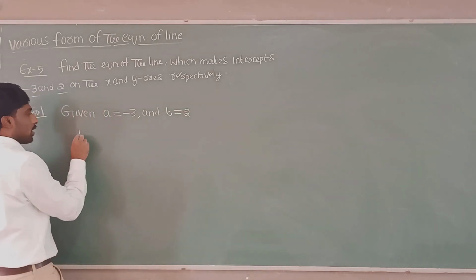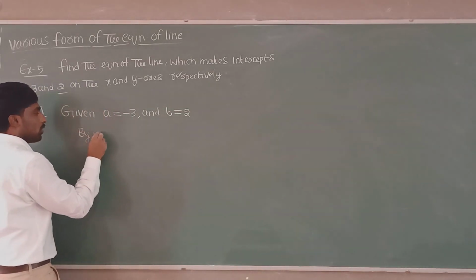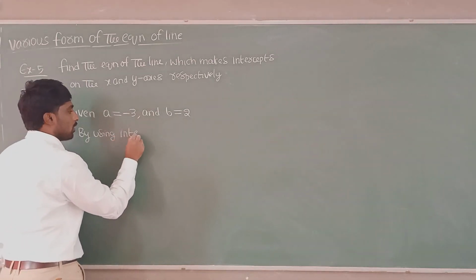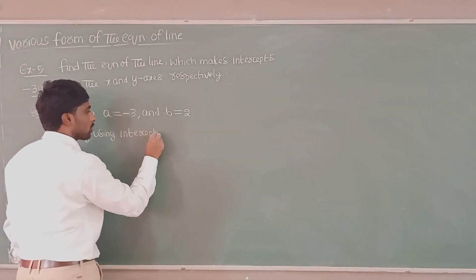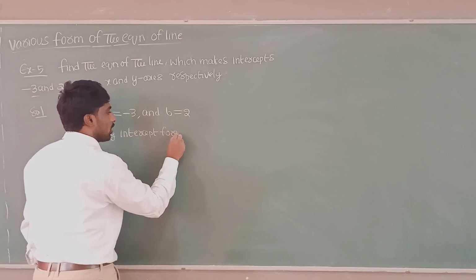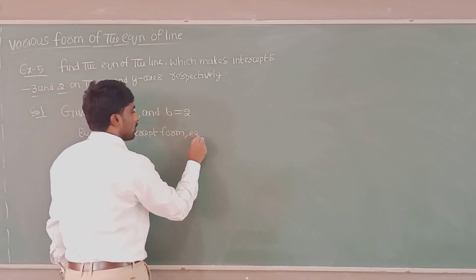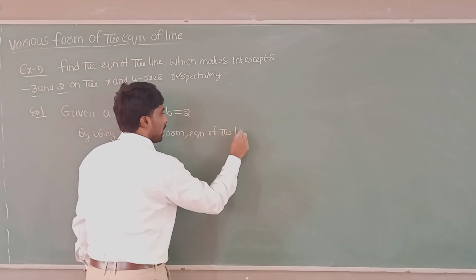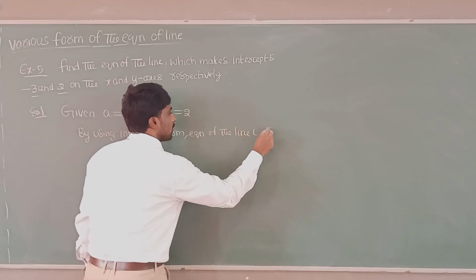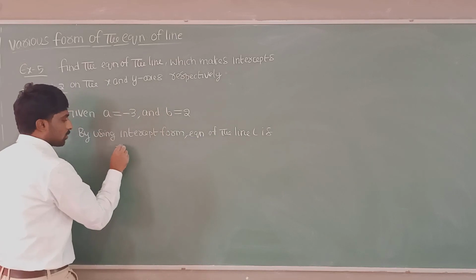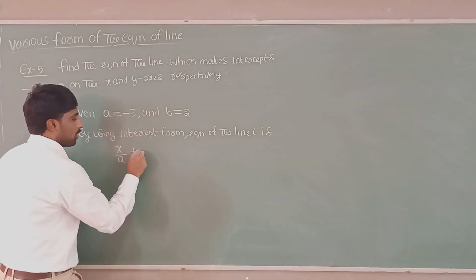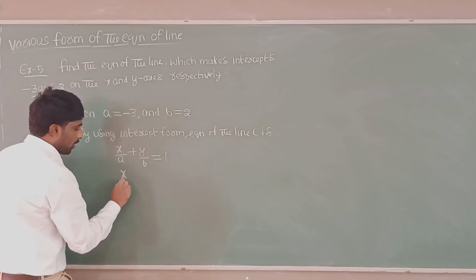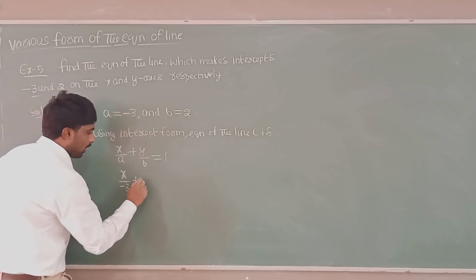Okay, so by using the intercept form of a line, the equation of line L is x by -3... So what is the formula? x by a plus y by b equal to 1. So what is the a value here? -3. What is the b value here?